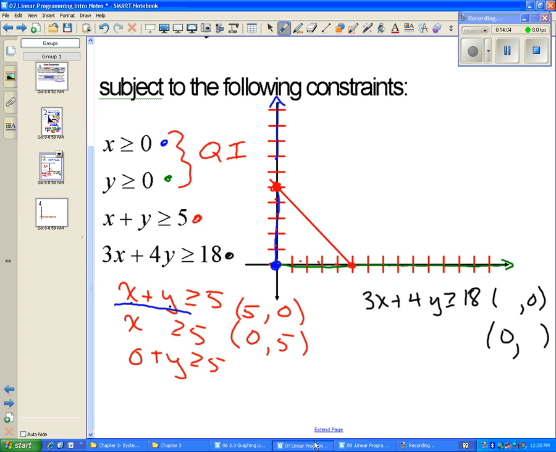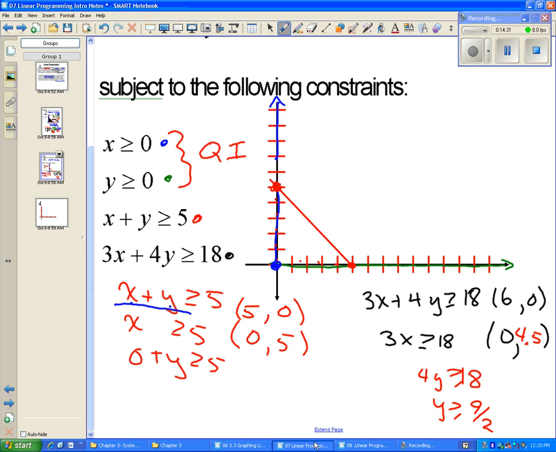Plug in 0 for y. You get 3x is greater than or equal to 18. So x is equal to 6. Plug in 0 for x, and I get 4y is greater than or equal to 18. So y is greater than or equal to 18 over 4, which is 9 over 2, which is 4.5.